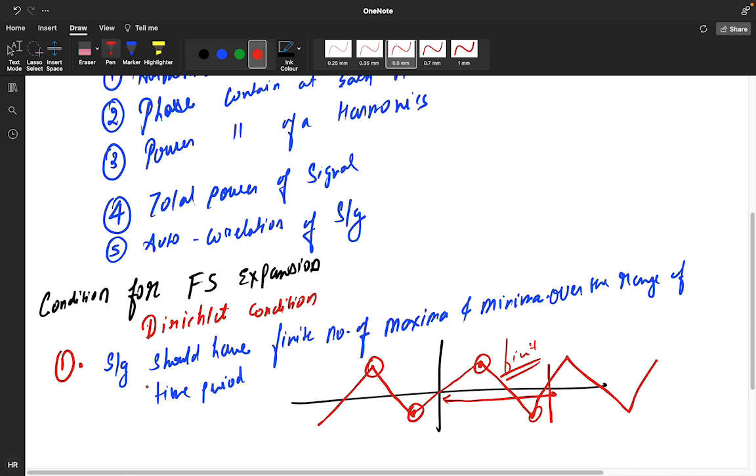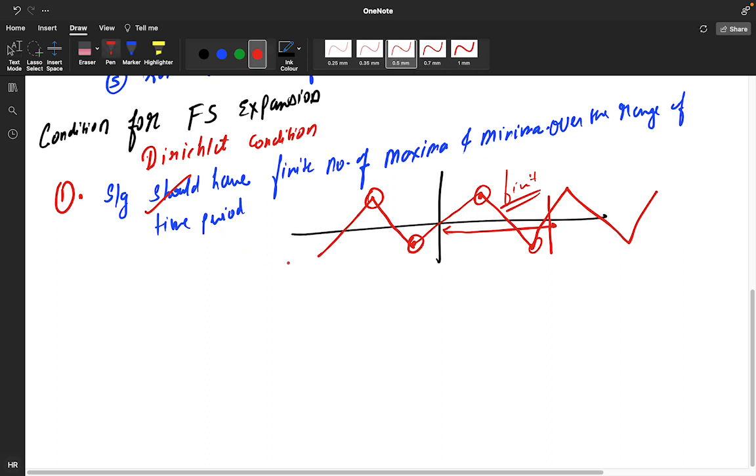So the first condition is satisfied, and Fourier series expansion is possible.